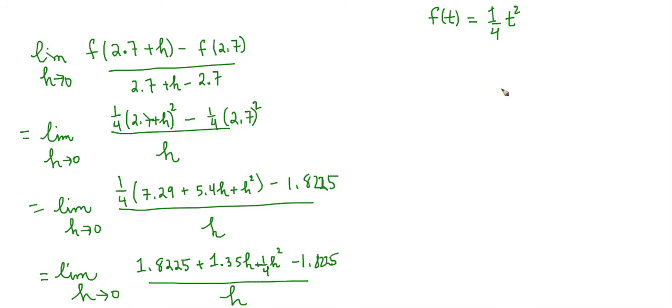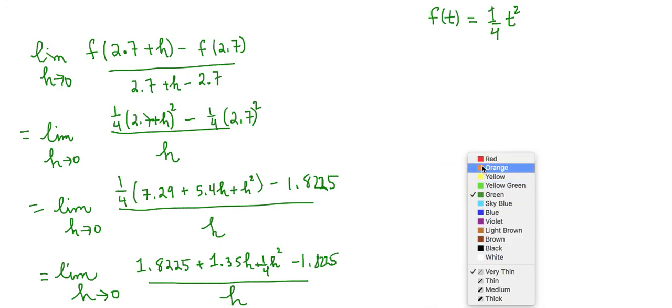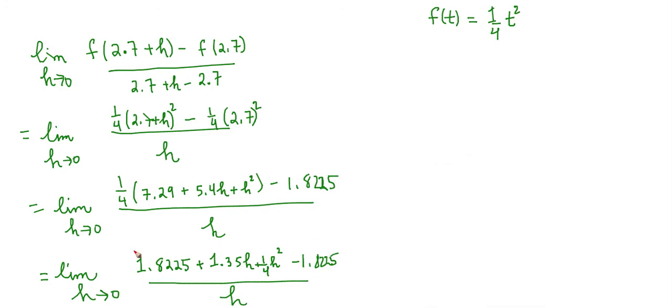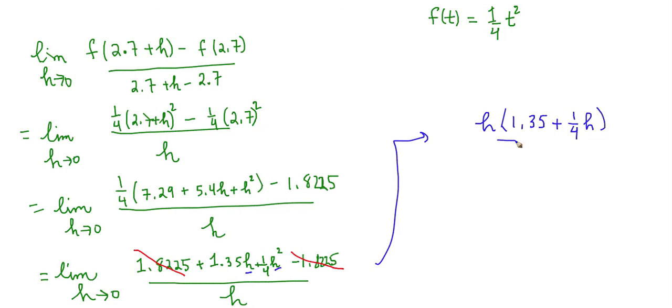So I'm going to continue here. The tedious work is almost done. One of the wonderful things about it is that you get this number and this number that cancels out, and then we can fairly quickly factor out an h in here. So what we end up with is h times 1.35 plus 1/4 h, all of this over h, and we are taking the limit as h approaches 0.